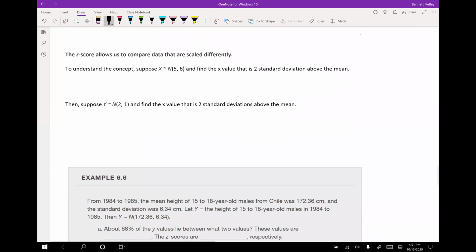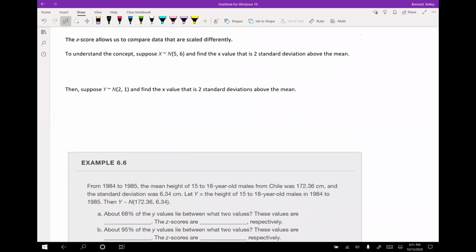So this is kind of what I was hinting at earlier, is that when we standardize by using the z-score, we can compare data more easily.